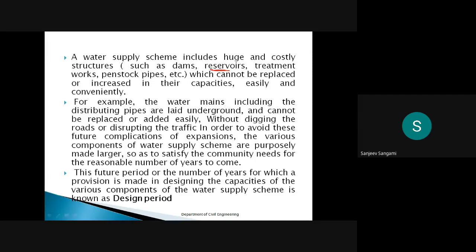Any water supply distribution network or water treatment facility you cannot construct in a year; it may sometimes take 3 to 4 years. So once you construct it, it has to be there for a longer period. Only then will whatever investment the government is making in the schemes be worthwhile, and it always has to be satisfied for longer. So for design period, you have to see all the considerations at the ground level.